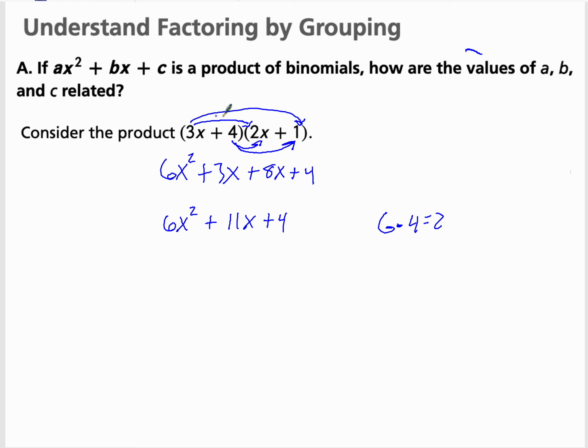So if I multiply all of the factors that I've got here, then I get 3 times 4 times 2 times 1 equals 24. Okay, and that's going to be a key thing that we need to look for as we move forward.